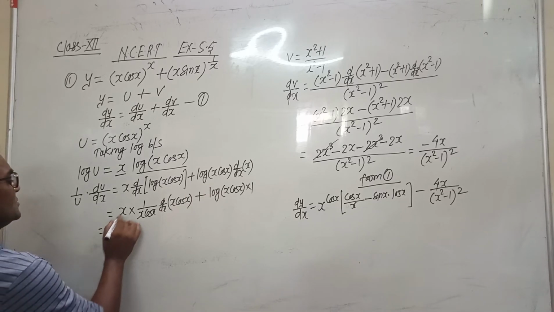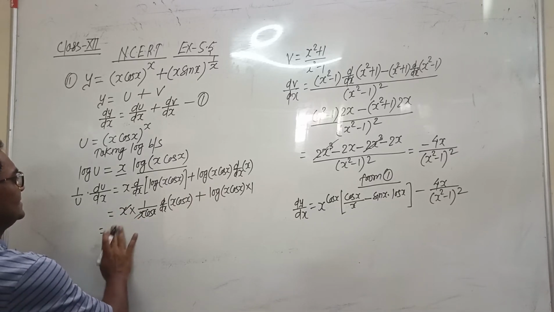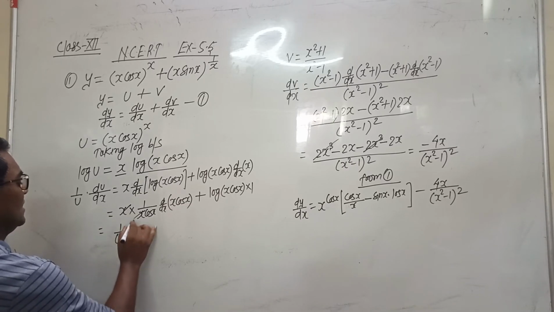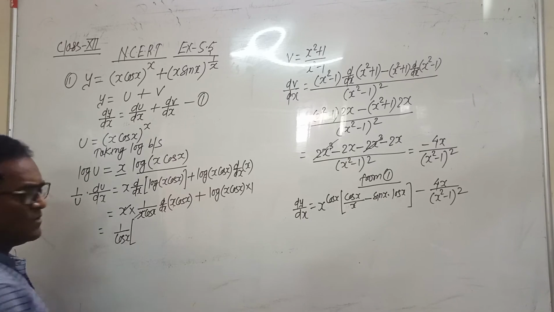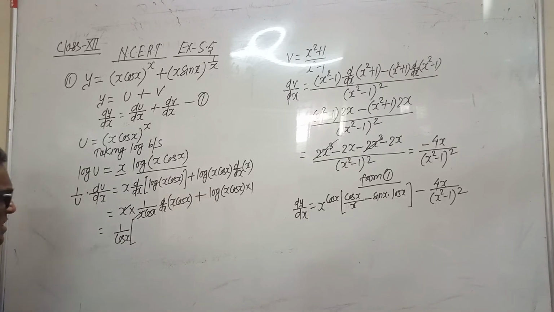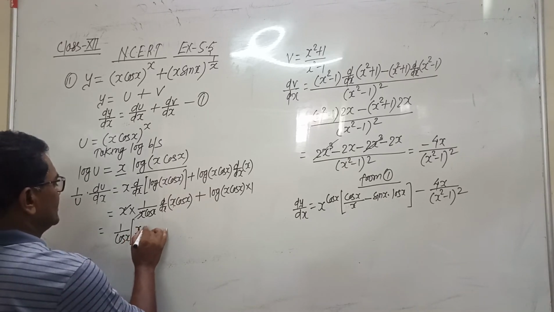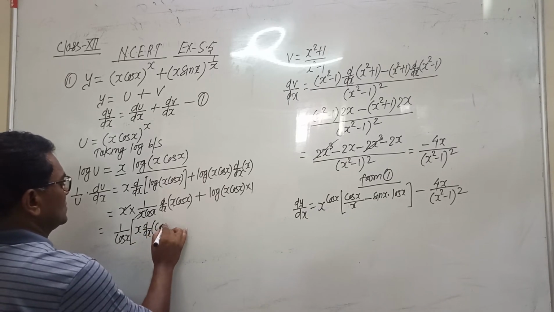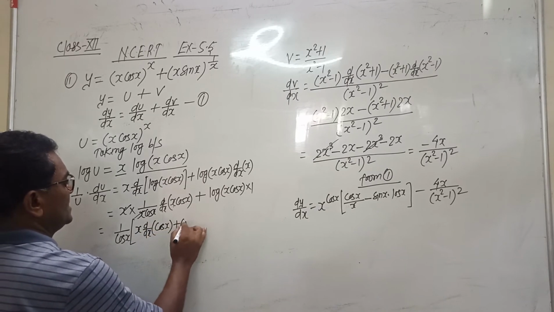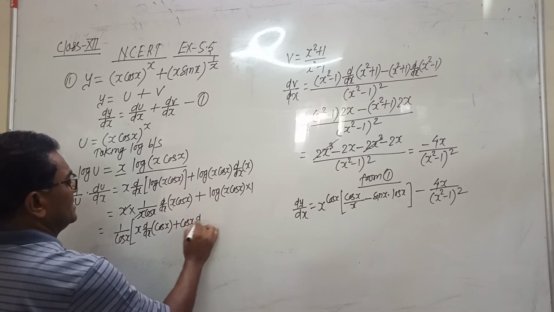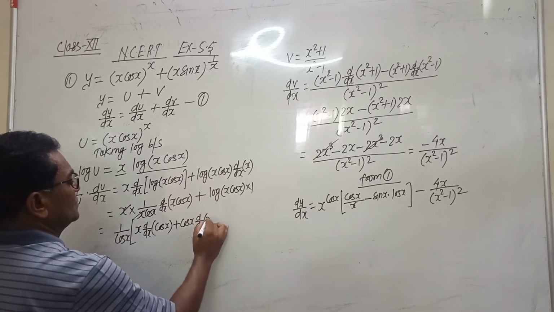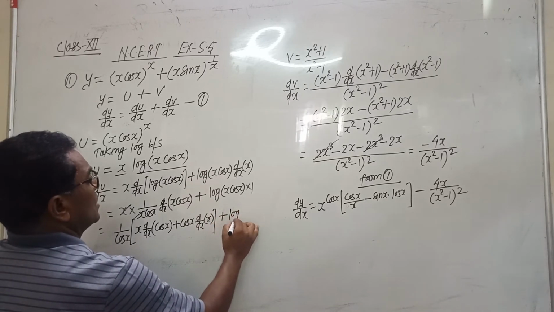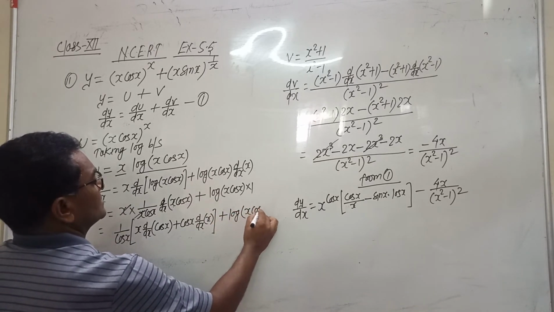So x and x get cancelled and it remains 1 by cos x. Now differentiate in the form u into v. So u as it is, d by dx of v means cos x, plus v as it is, and d by dx of u means x plus log x cos x.